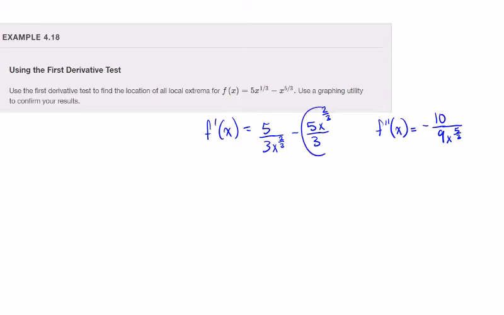Okay, and then here I'm going to multiply by positive 2/3, so that'll be negative 10/9, right? Because it's already negative, multiplying by a positive. But now this exponent is going to come in the bottom, and it's going to be a negative 1/3, right?